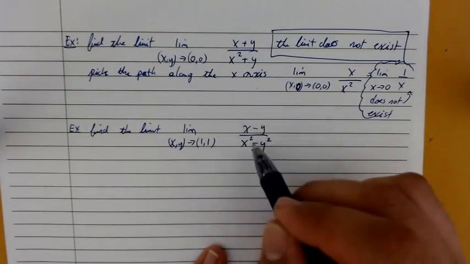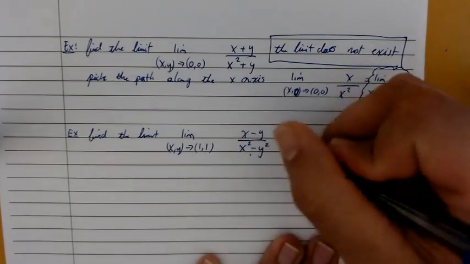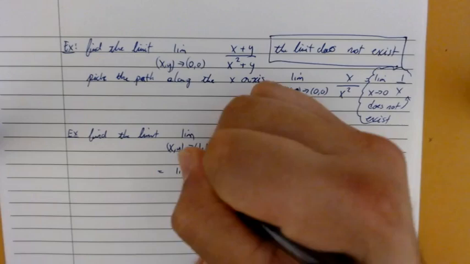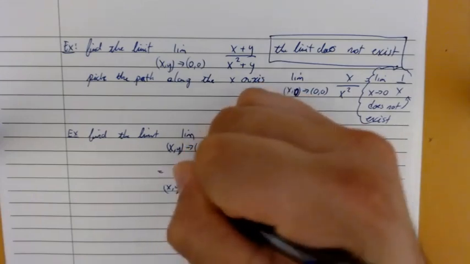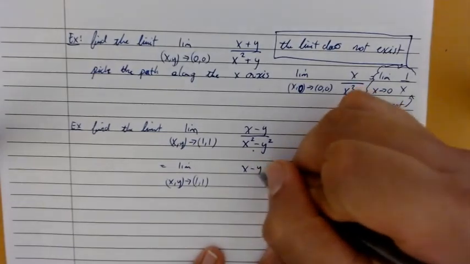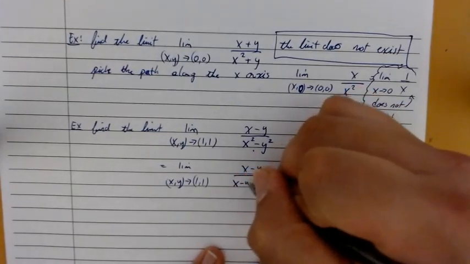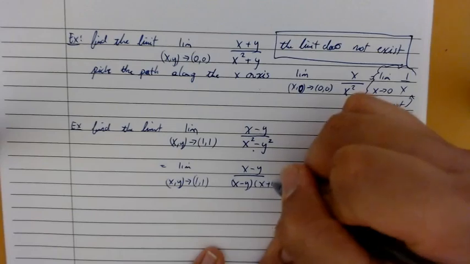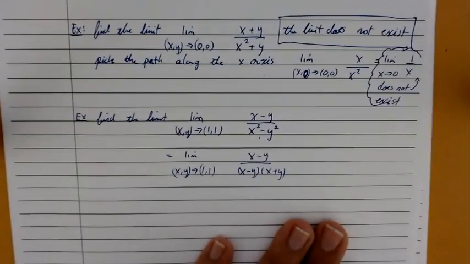Here I notice that I can actually factor this. This is the limit as (x, y) approaches (1, 1) of x minus y over (x minus y) times (x plus y). Notice that your denominator is the difference of squares.